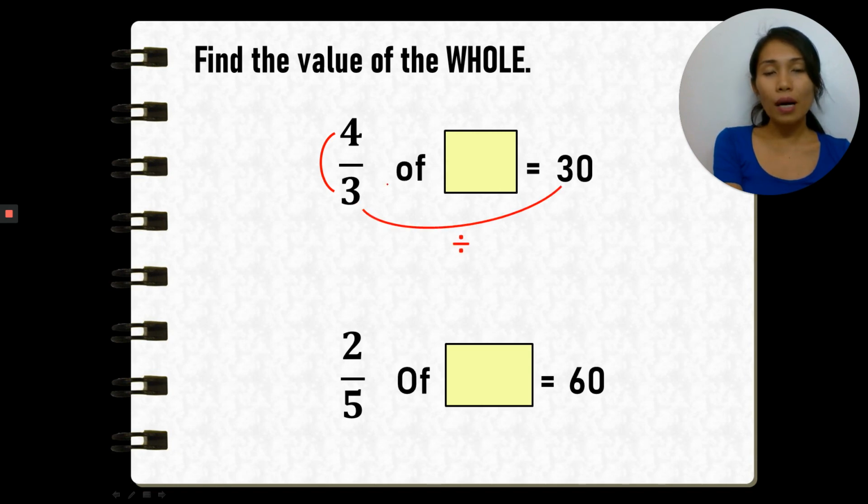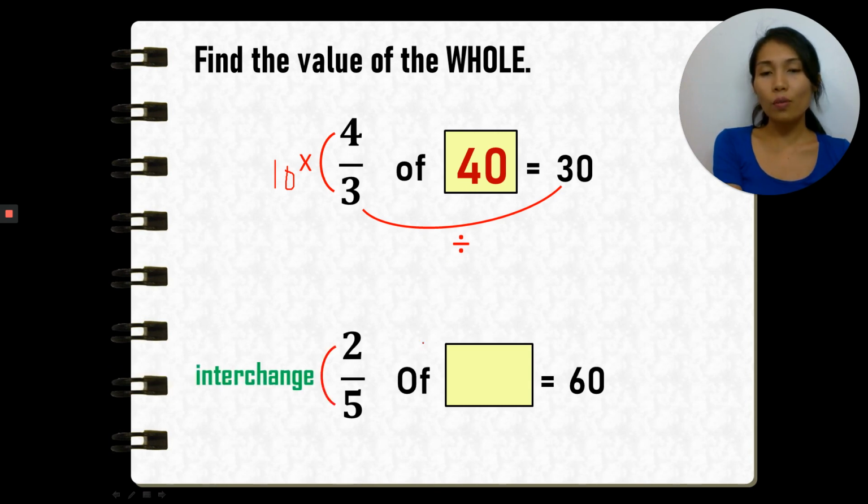30 divided by 3 equals 10. Now 10 times 4 equals 40. So that means if 4/3 is 30, then the whole is 40.